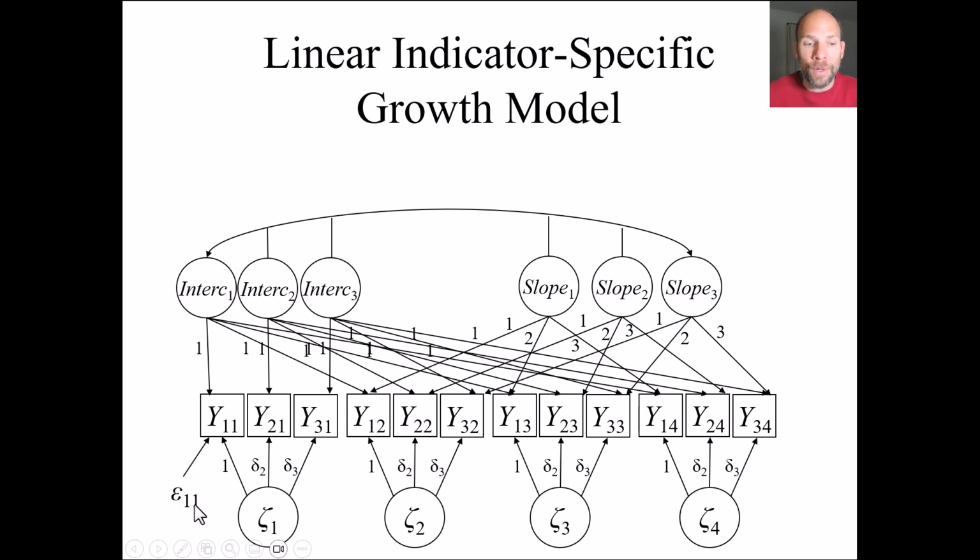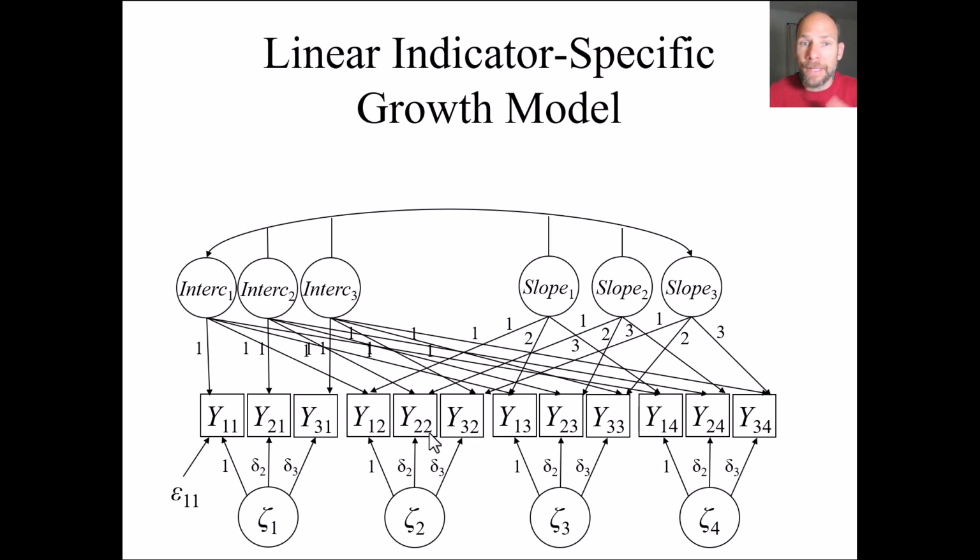So epsilon 1, 1, epsilon 2, 1, epsilon 3, 1, and so on. They're just not all depicted here to avoid overloading this picture with information, but there is an epsilon variable included in this model for each of those Y_it variables. You can also have a different structure in a multiple indicator growth curve model. One common way to specify a growth model with multiple indicators is by using a so-called second order growth curve model.